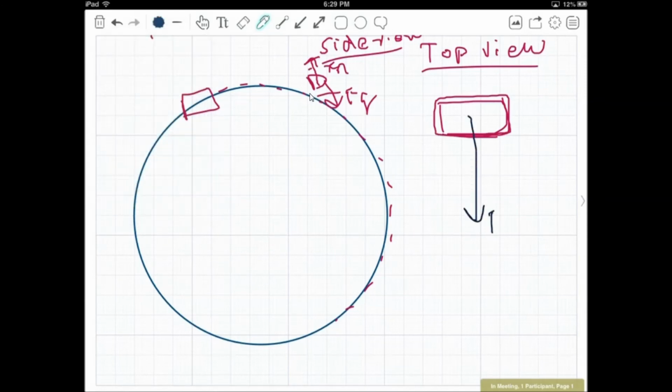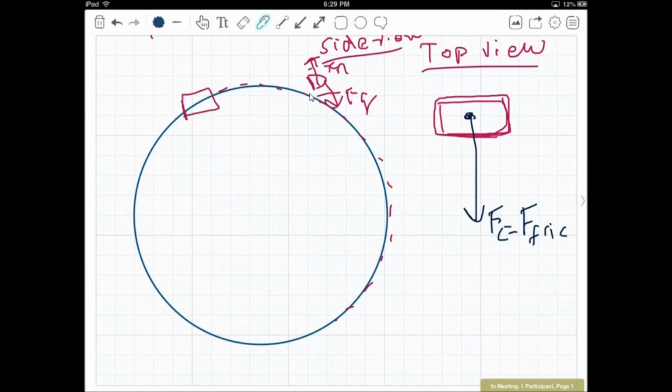From the top view, though, since the car is moving in a circle, we have to provide a centripetal force. I'm going to go ahead and label this as FC because we don't know what it is yet, but we do need to figure out what's causing this centripetal force. When you round a curve, you turn your handle, the steering wheel, in order to make your car turn. What you're actually doing here is you're using the frictional surface you're driving on to make you turn, right?